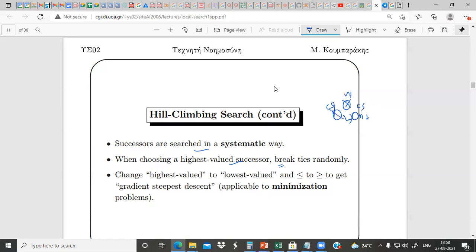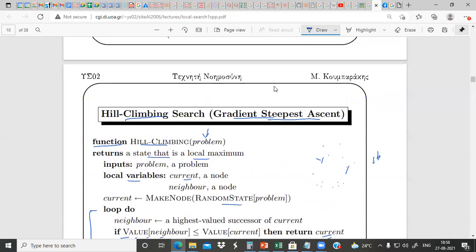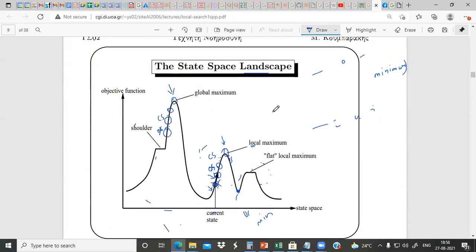The hill climbing algorithm can be used for both maximization problems and minimization problems. In most real world problems it will be minimization, not maximization, because we want to reduce cost. If you see time complexity, we want to reduce it. If you see space complexity, we want to reduce it.